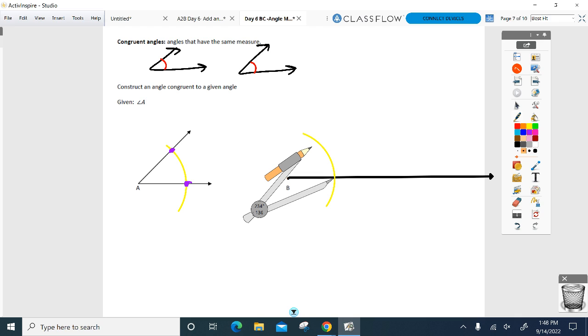The final step is putting your compass point on the intersection of the ray, not the endpoint. Now make an arc that intersects the previous one. Once you do that, grab a straight edge, line it up with your endpoint and the point of intersection, and you've got yourself a congruent angle.